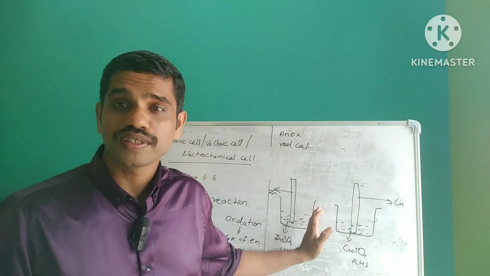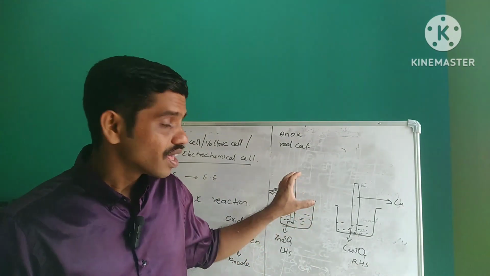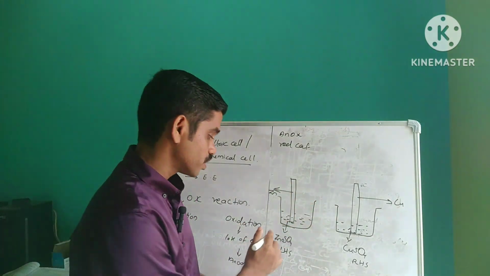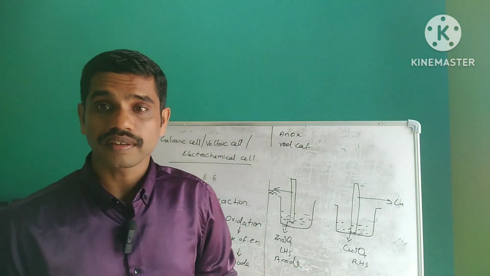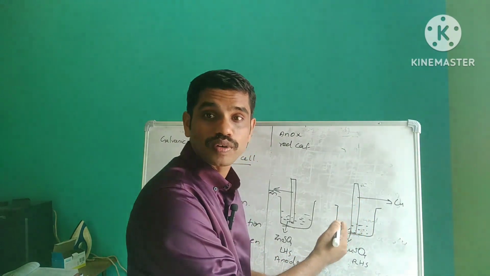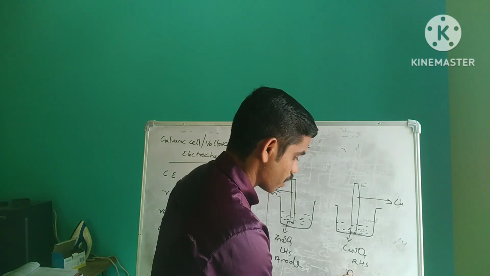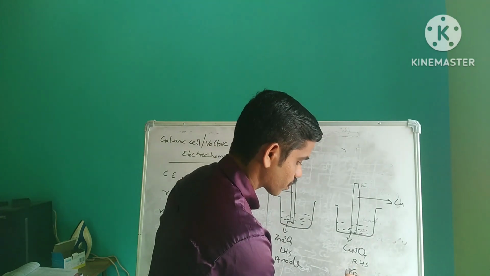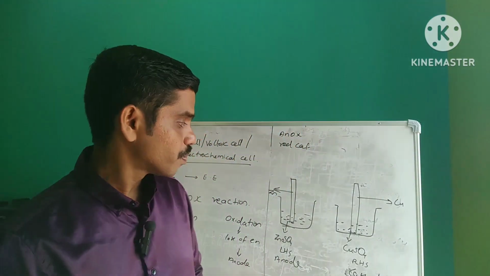The part where zinc is dipped in zinc sulfate solution will act as the anode. The left hand side is the anode, and the right hand side, where copper is dipped in copper sulfate solution, will act as the cathode.